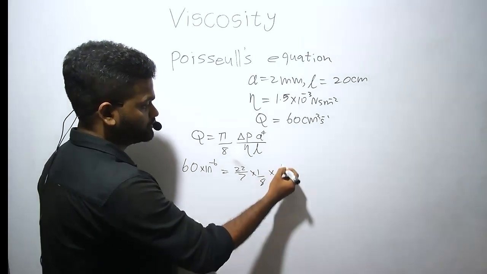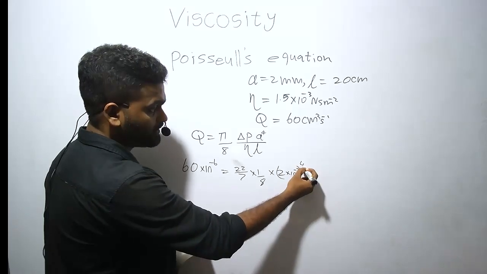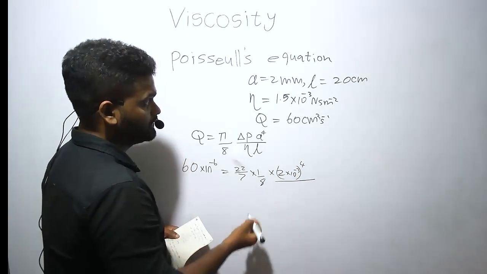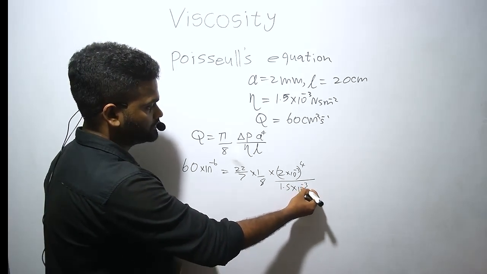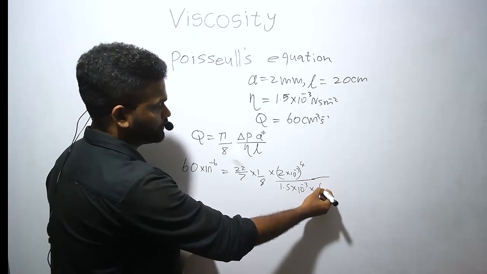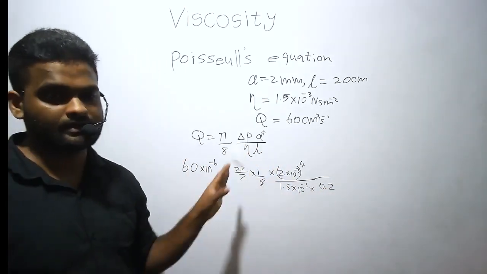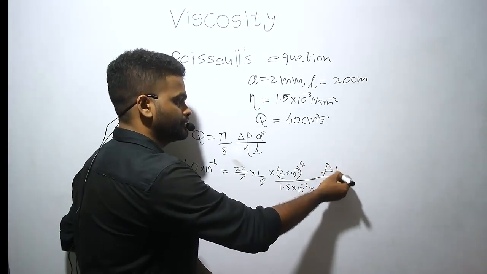Radius 2 millimeters, 2 times 10 to the power minus 3 to the power 4, divided by eta, 1.5 10 to the power minus 3. Length 20 centimeters means 0.2 meters. You have to simplify this, right? So this is the substitution, and there's delta P.